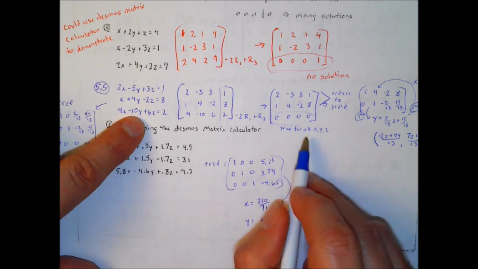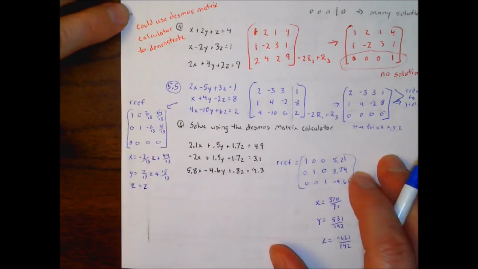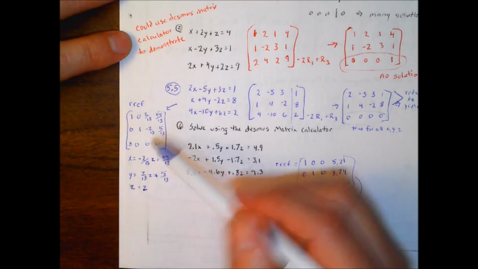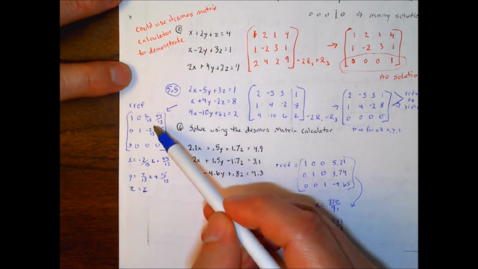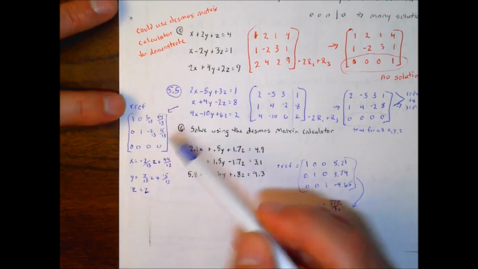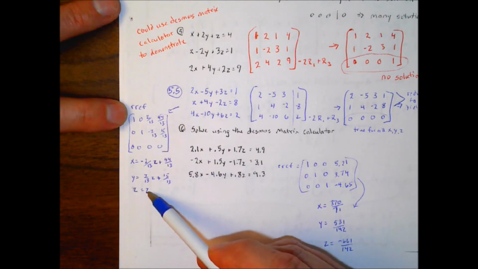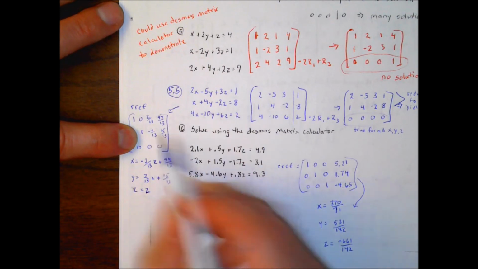So what I'm going to encourage you to do then is to get it in reduced row echelon form, which I'll show you how to do in Desmos here in just a minute. So if you get it like this, we have zeros across here, so z is just a z. My y, if I think about this equation right here, it'd be y minus 7/13 z is equal to 15/13.